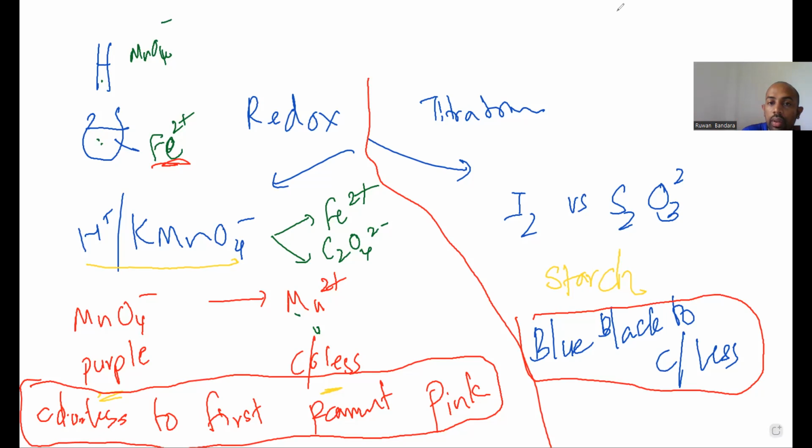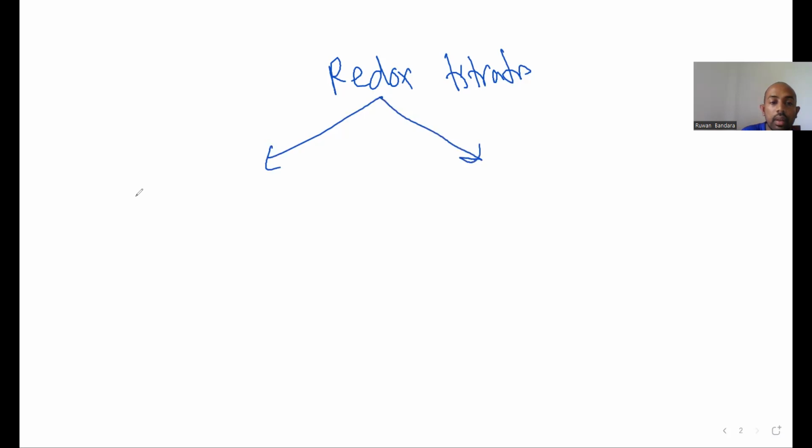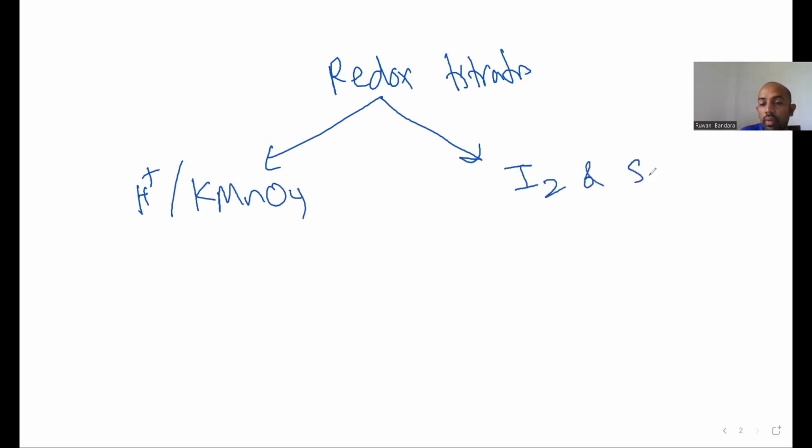So in this redox titration lesson, we are going to learn about two types of titration. That is the titration involving acidified potassium manganate and iodine and thiosulfate. In the iodine thiosulfate titration, starch will be the indicator.